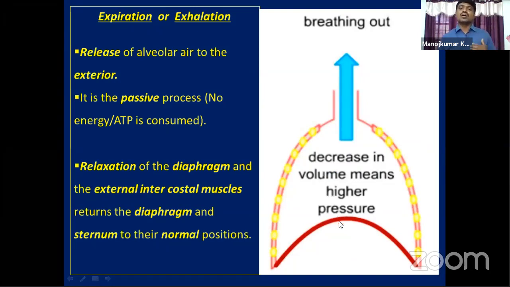As the air moves out of the lungs, that is breathing out, which is called expiration or exhalation. So what is expiration? Release of alveolar air to the exterior. This is a passive process, children, because here no energy is consumed. The muscles are just relaxing, and for their relaxation the muscles do not utilize energy. ATP is not consumed here, hence this is a passive process.